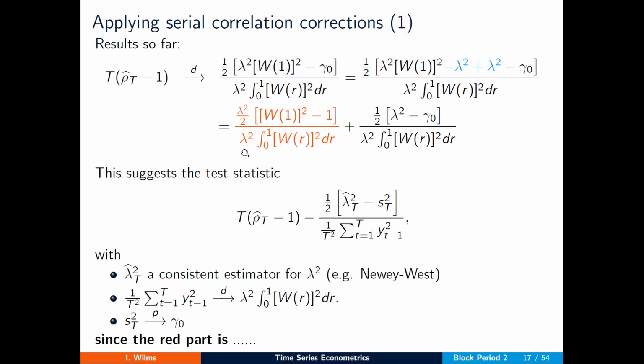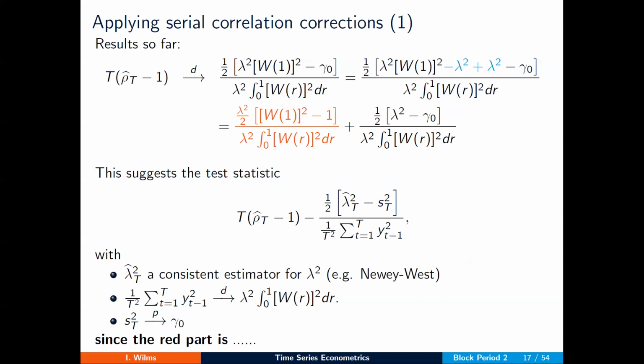Now the red part over here is highlighted since this should be familiar to you. It's the regular Dickey-Fuller distribution that you would obtain when there is no serial correlation in the error terms, because the lambda squareds cancel out. So in case I would have a test statistic with this limiting distribution, I would be able to simulate from that again, just like last week.